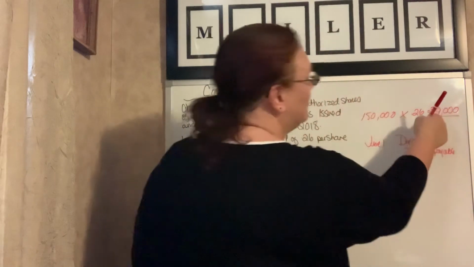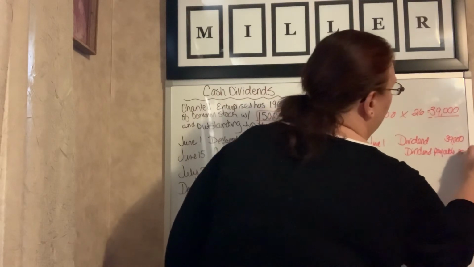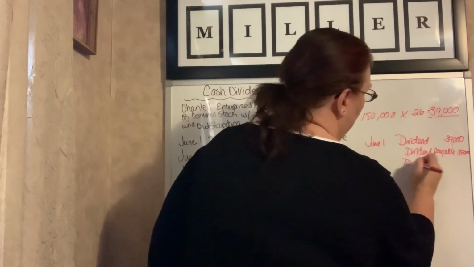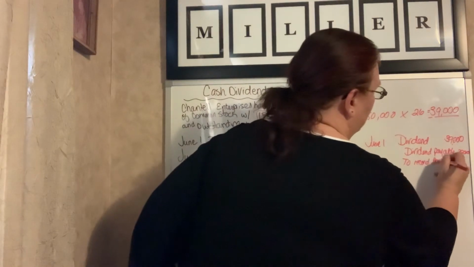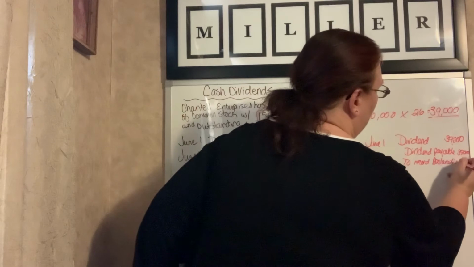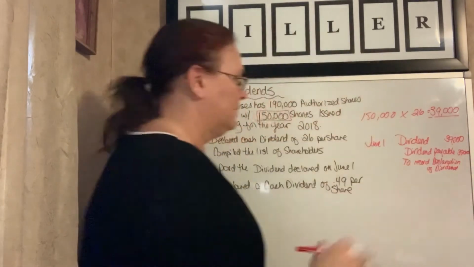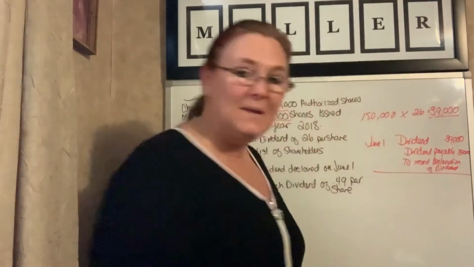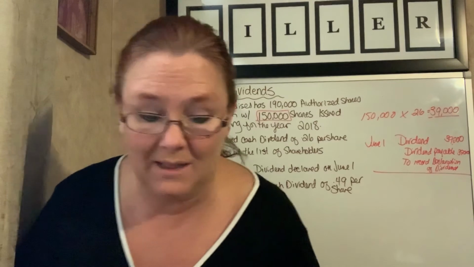You have your amount, 39,000. Put something like to record declaration of dividend. That is your journal entry. Just copy exactly the yellow space on page 511.